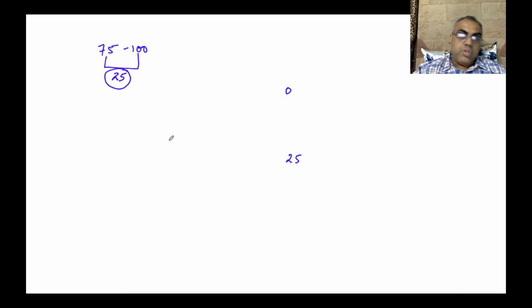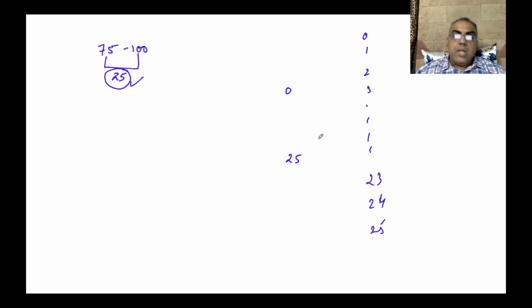Now since you got a number from 0 to 25, which is the difference between the lower and the higher number, you generate a random number over here. So the number is, let's say, 0, 1, 2, 3, up to 23, 24, 25. Now I'm going to add the lower number of the two to this.